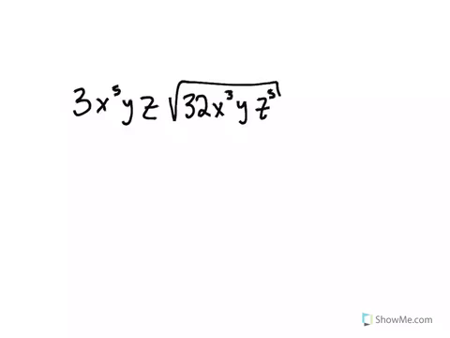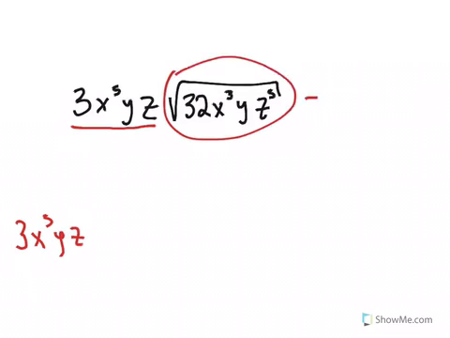Okay, so I'm going to rewrite this over here, and I'm going to wait on it until I'm done with the square root, which I'm going to work out on this side.